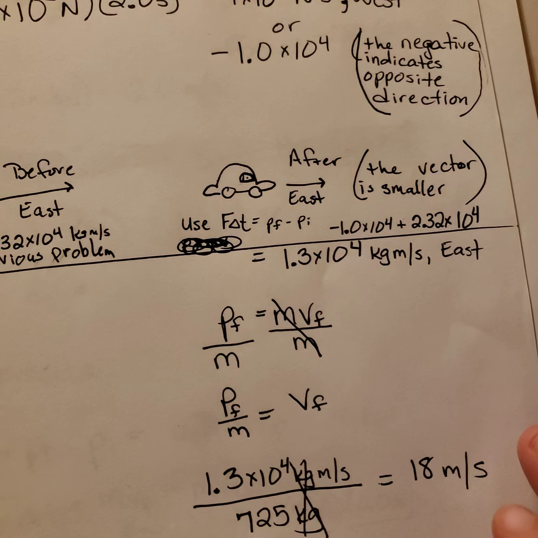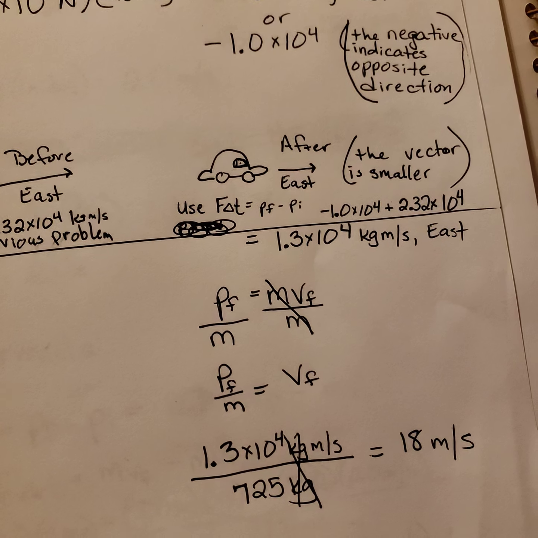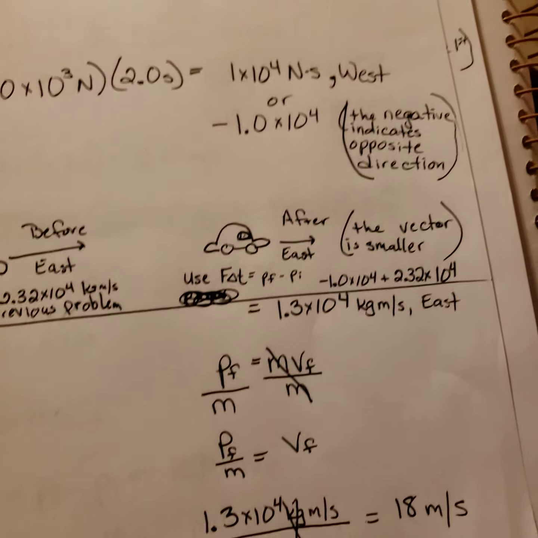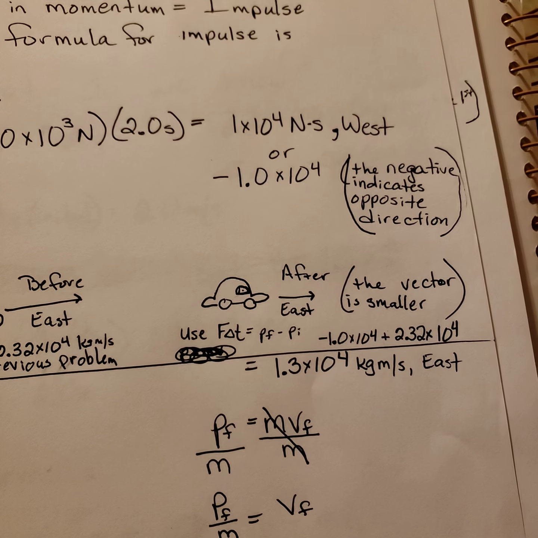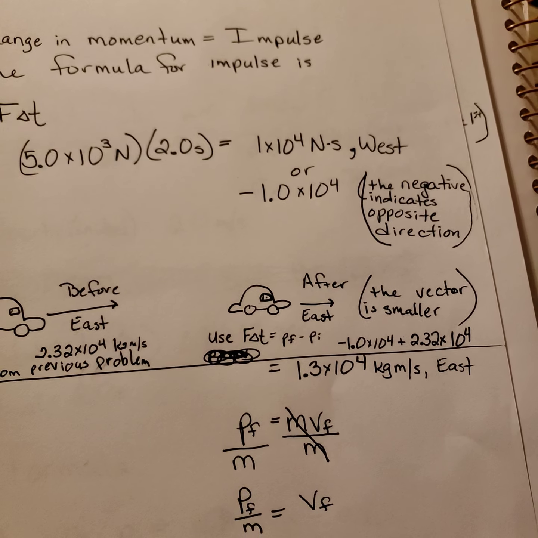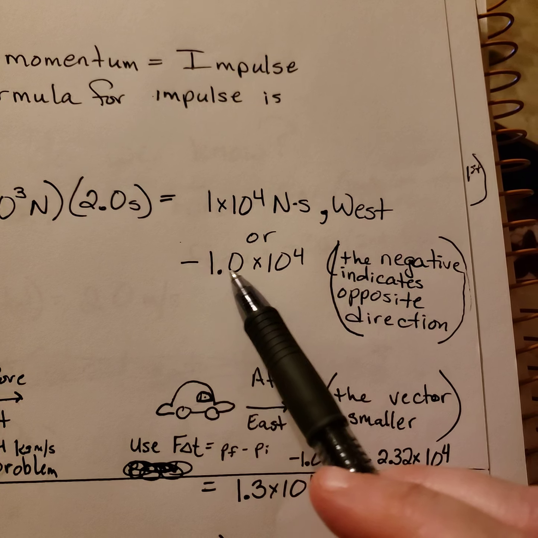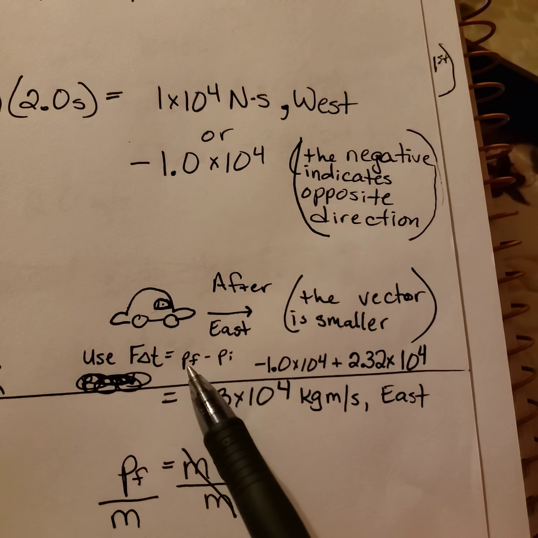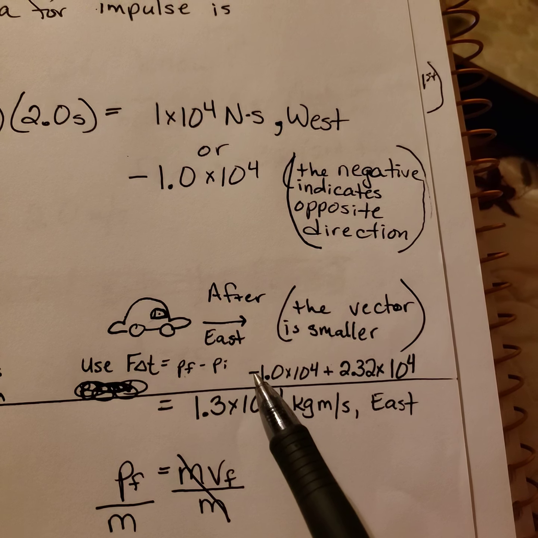And now we need to find this momentum, and then we're also going to find the velocity. So here we found that this momentum is negative 1.0 times 10 to the 4th. So all we have to do is the final minus the initial.